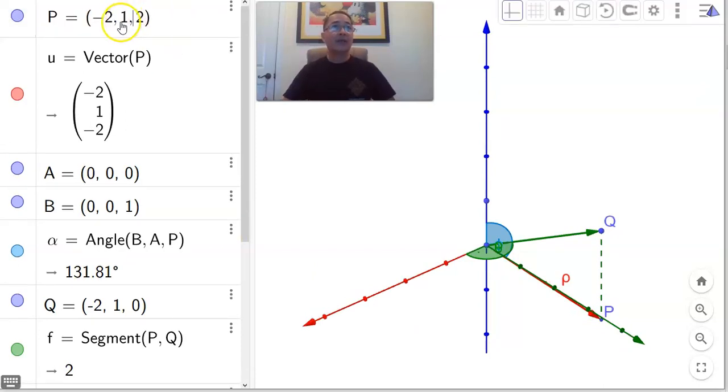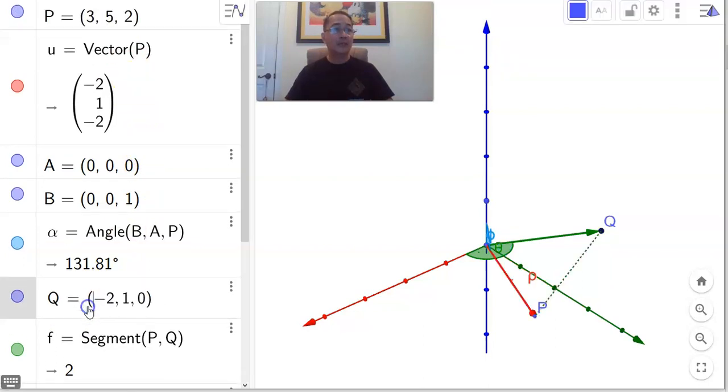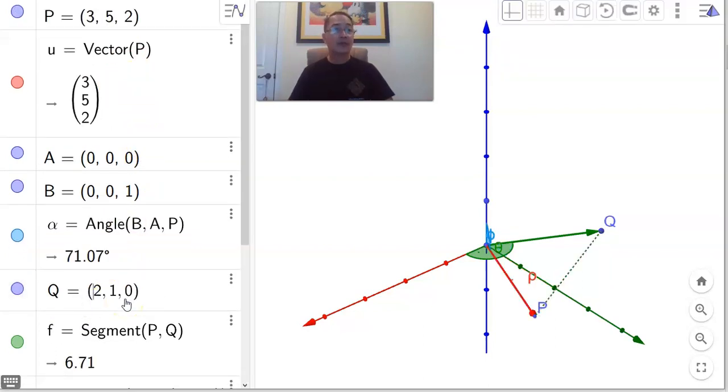Now, what about x and y? We can change them to anything we want. So we can make this maybe a +3, and maybe this a +5. Except again, it's old school, so I need to change this manually also to 3 and 5.